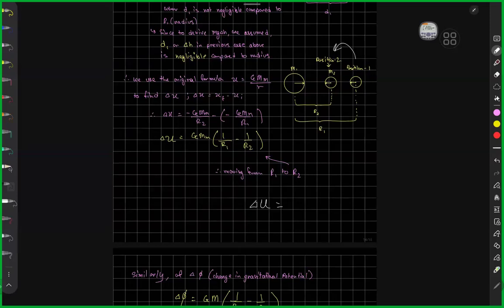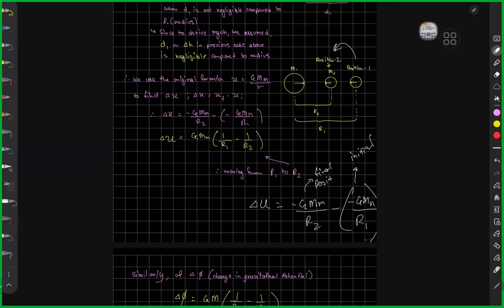Whatever my final position is, minus GMm by R2, this is my final position, minus whatever my initial position is. What is my initial position? My initial position is minus GMm by R1. Is this clear? Final position minus initial position, this is all I'm doing.